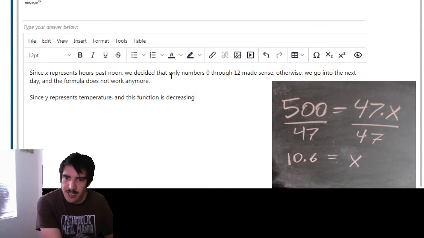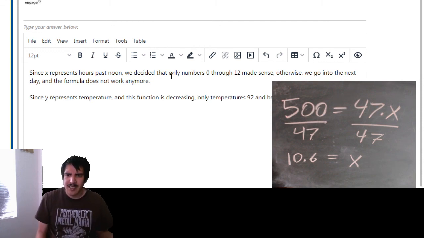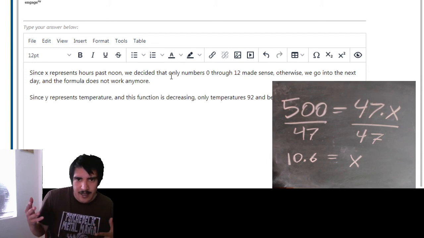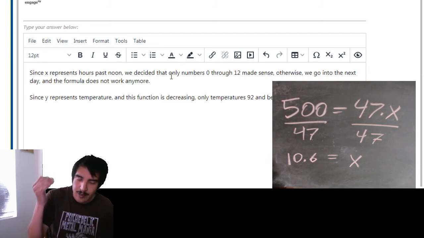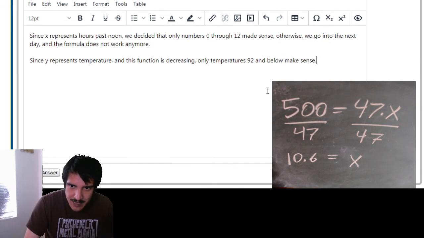And since this function is decreasing, only temperatures 92 and below make sense. Yesterday we even said 92 through like 74. We got really specific, but I'm just going to say the only numbers that this can take on is 92 and below, because that would make sense there.